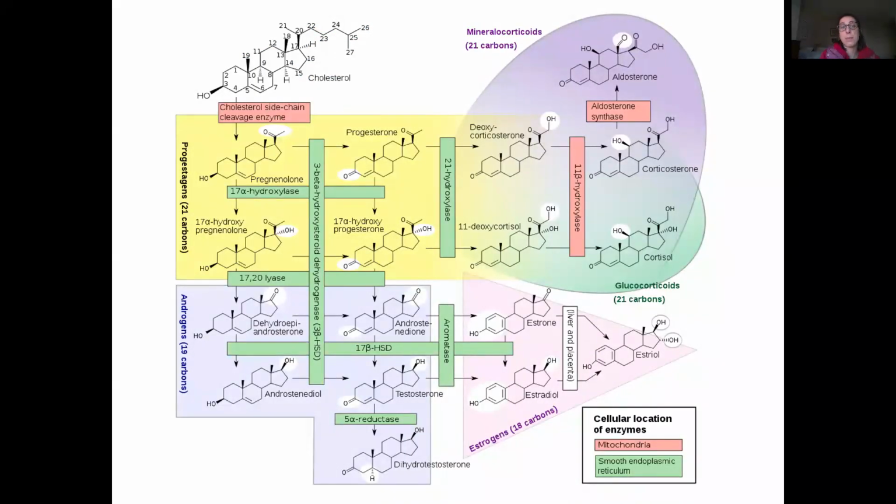But again, I want to point out that sex hormones are not the only type of hormones that are derived from cholesterol. And you can see in this image the vast variety of different hormone molecules, signaling molecules, that get utilized based just solely on cholesterol.